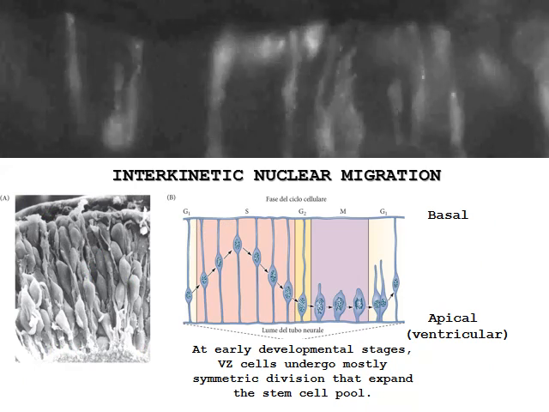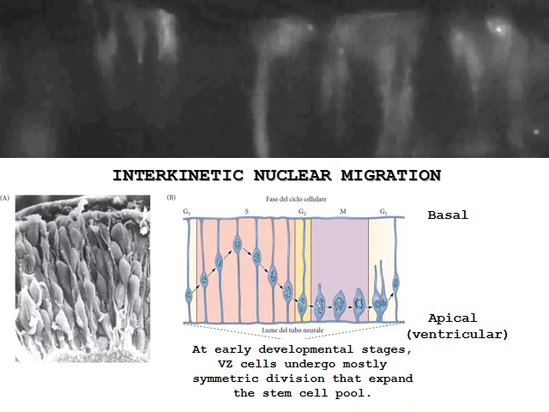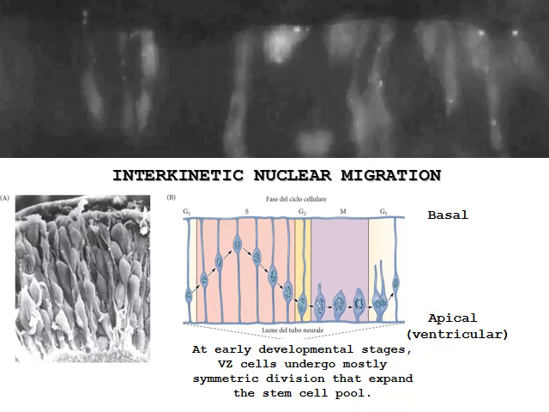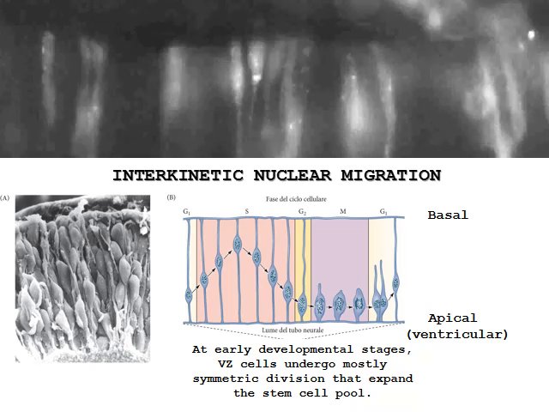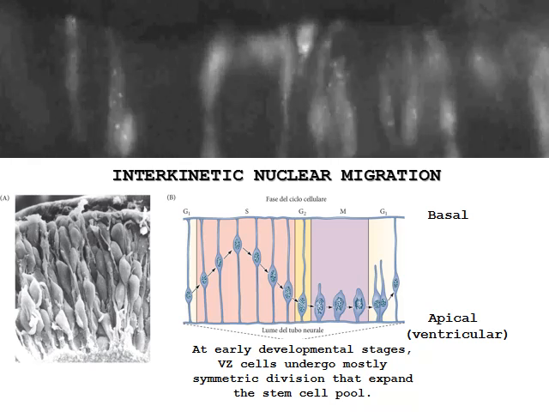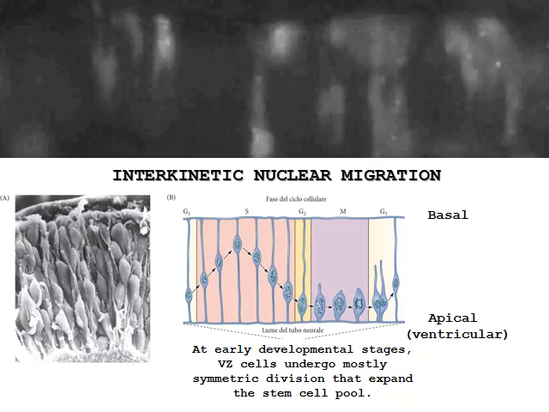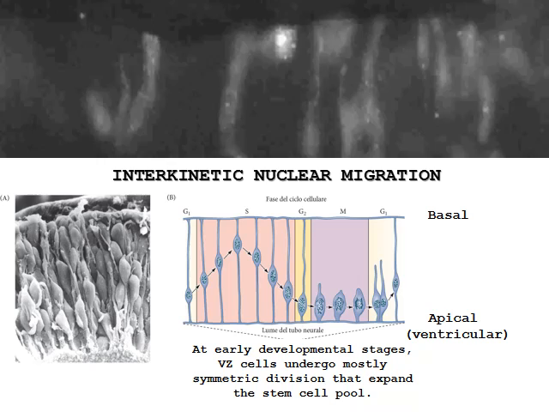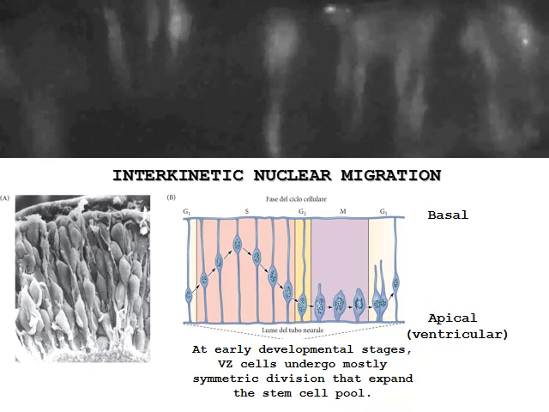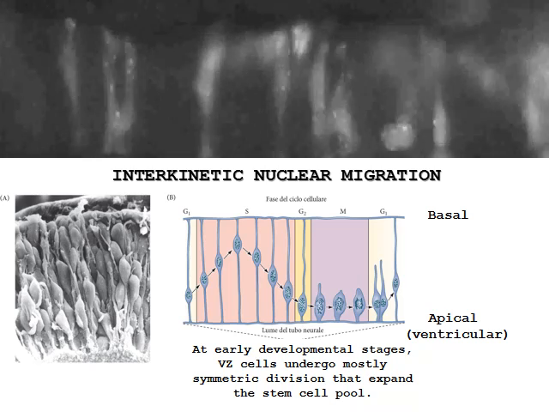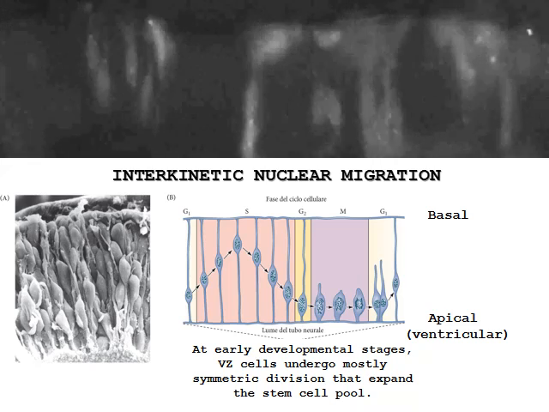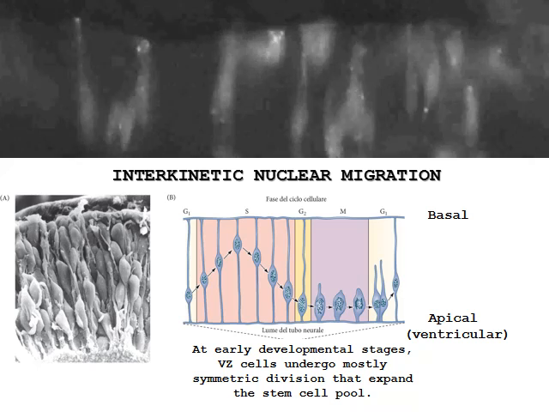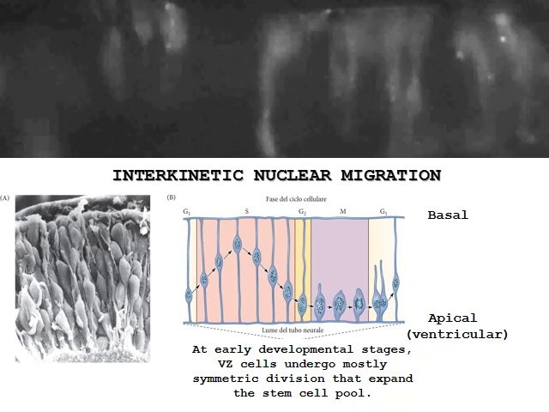These neural stem cells are in contact with both the apical and basal sides of this epithelium and characteristically move their cell body towards the basal surface during the S phase of the cell cycle, while they come back to the apical side to undergo mitosis. At these early stages of development, these cells are believed to undergo mostly symmetric cell divisions that expand the stem cell pool.